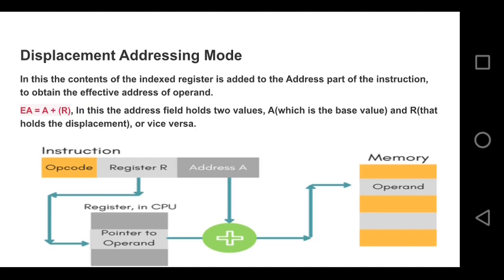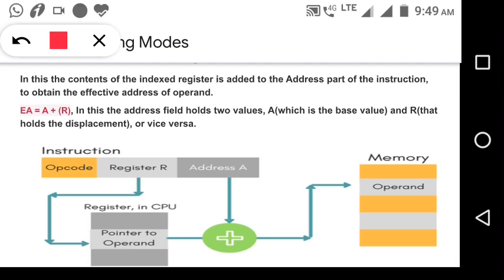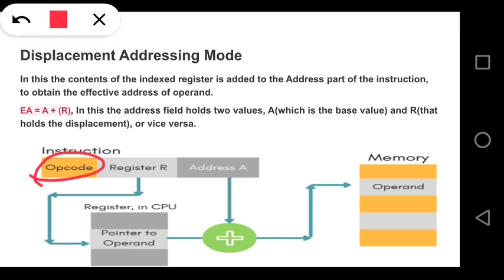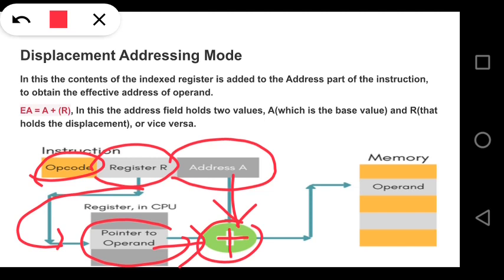See, this is an instruction which contains opcode, register R and address A. So go to register R which contains some address, take this part of the address, add these two addresses to get the effective address.